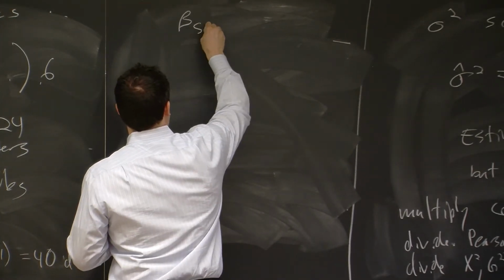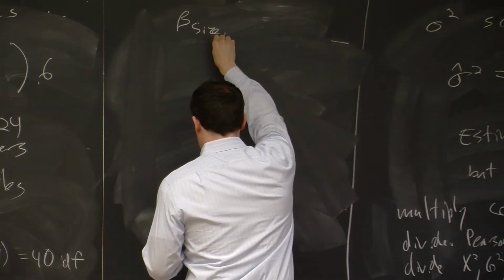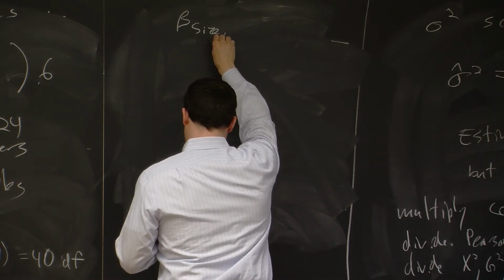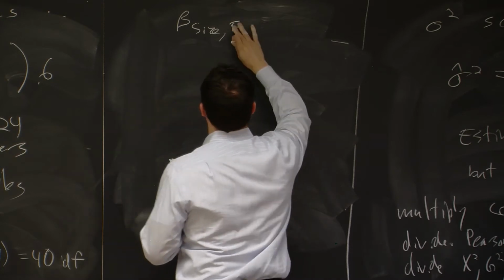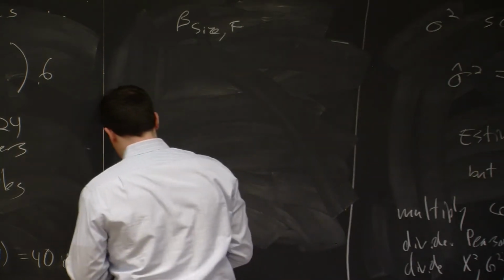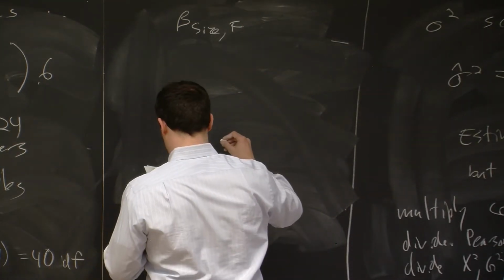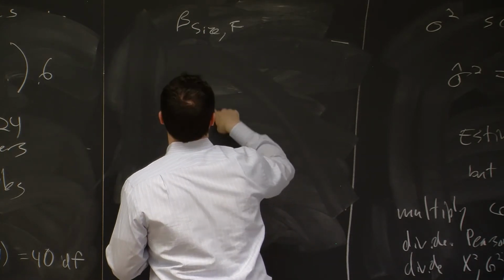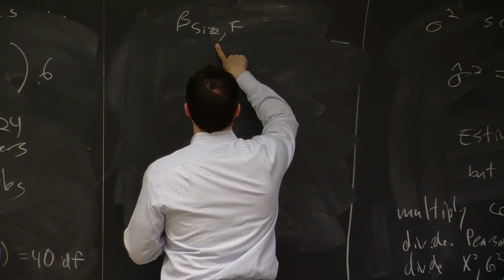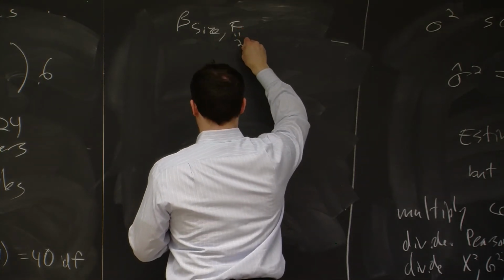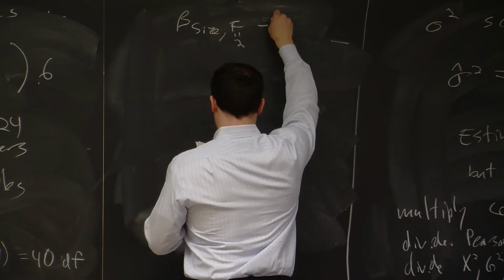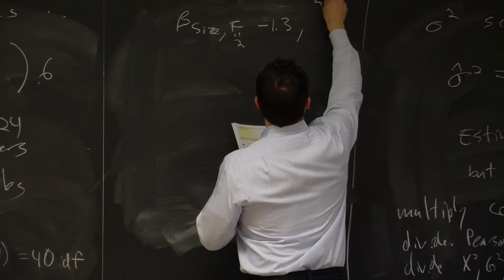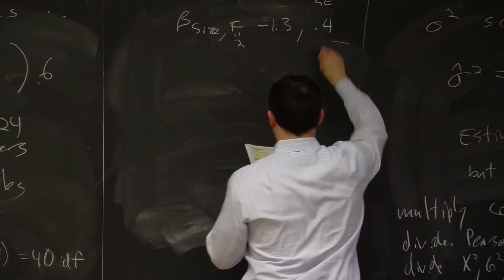For example, for size by food, with size being binary and food equal to food number 2, I'll get minus 1.3 with a standard error of 0.4.